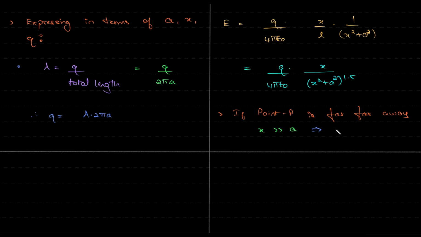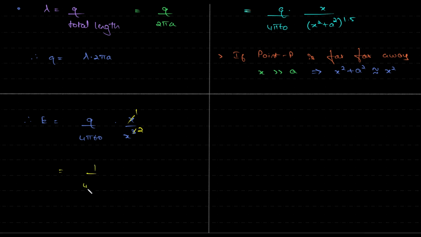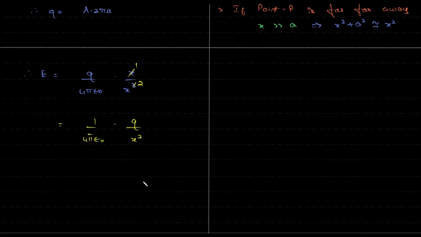From this, we can infer that x square plus a square will be approximately x square itself. So therefore, we have q by 4 pi epsilon naught, x by x cube. This results in 1 by 4 pi epsilon naught, q by x square. What does this look like?